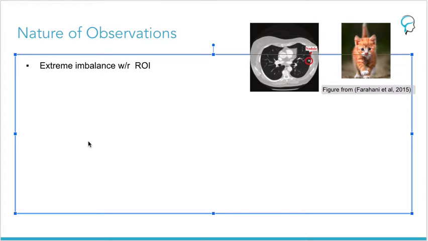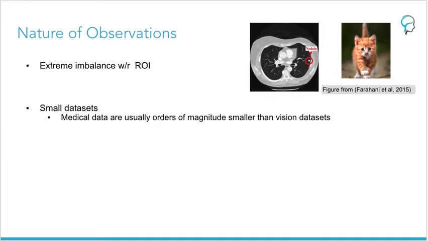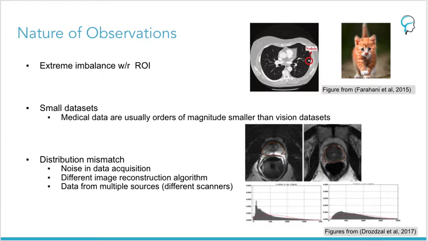Another challenge facing medical images is small data sets. So medical image data sets are usually orders of magnitude smaller than vision data sets. And as we discussed before, deep learning performs poorly in low data regimes. Another challenge would be distribution mismatch.